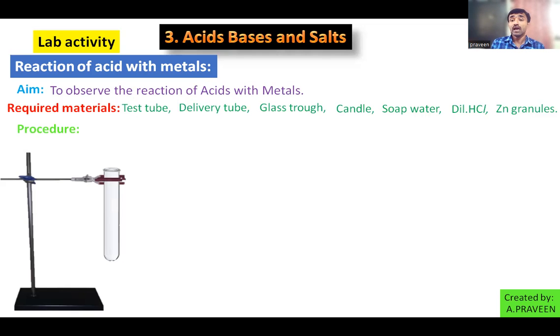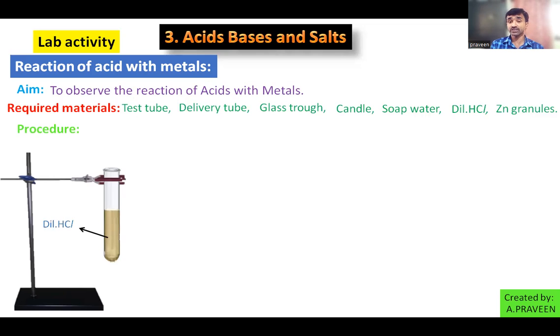Then what to do? Here, I need to add acid into this. What acid have we taken? Dilute HCl. So with the help of a dropper, add HCl, right? It may be 10 ml or 5 ml, depending. So I'll take a certain amount of HCl into the tube. The boiling tube is filled with dilute HCl.